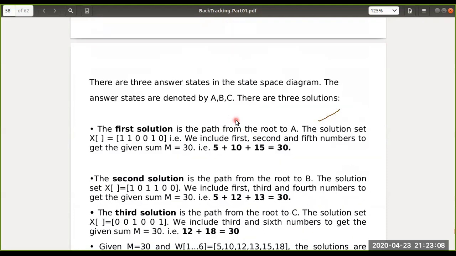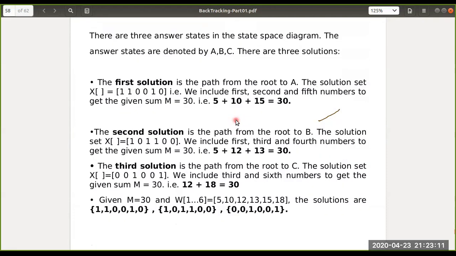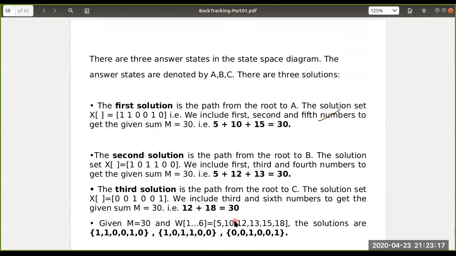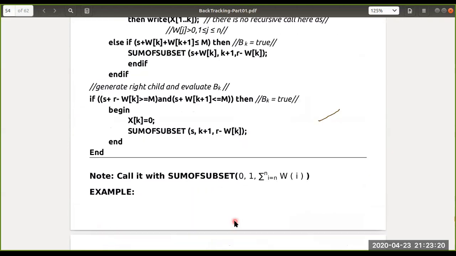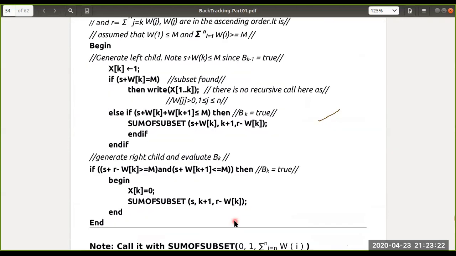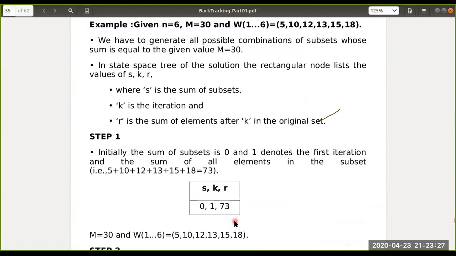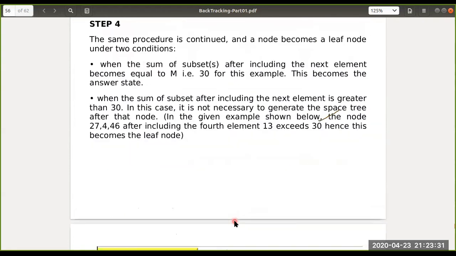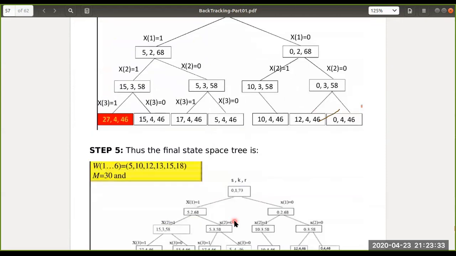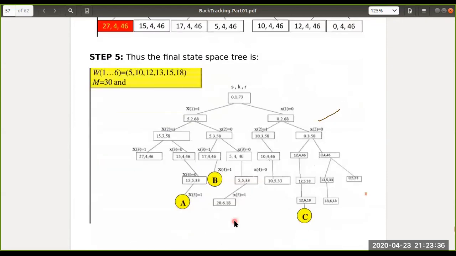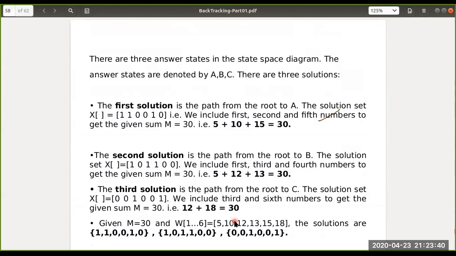Finally, I need to explain what the solutions are and how we are getting them. This is compulsory from an exam point of view: discuss each step with the algorithm, description and the example, in a step-by-step procedure, with the final variable size state space tree and this solution.